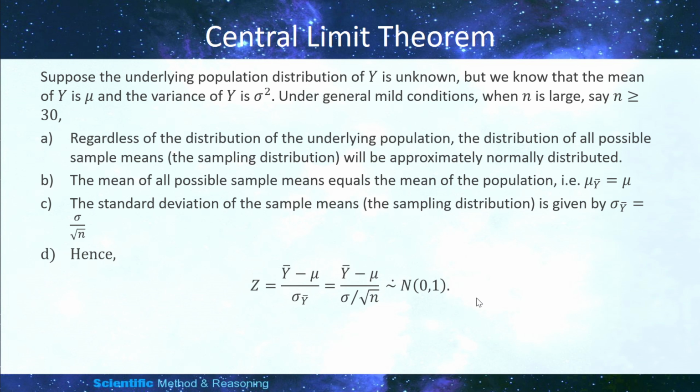So that means y bar minus mu divided by sigma over root n is the z transformation, and if the sample size n is large, then this transformed variable has approximately a standard normal distribution. That is the central limit theorem.